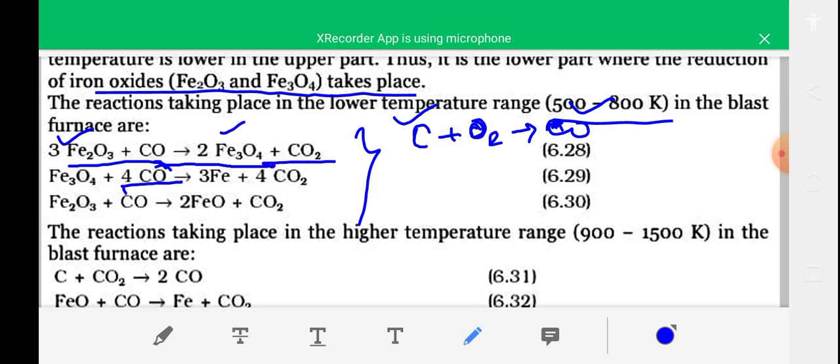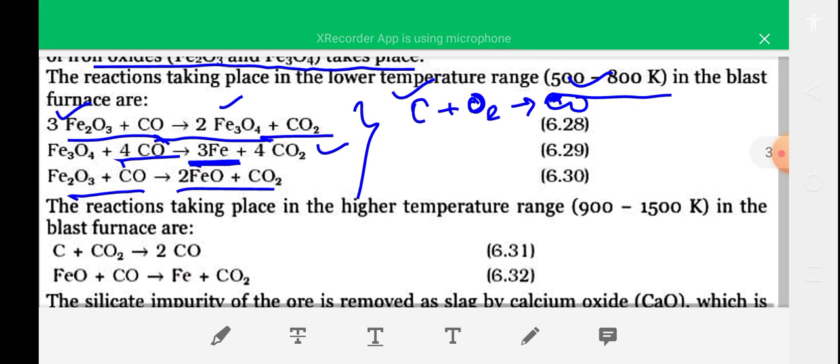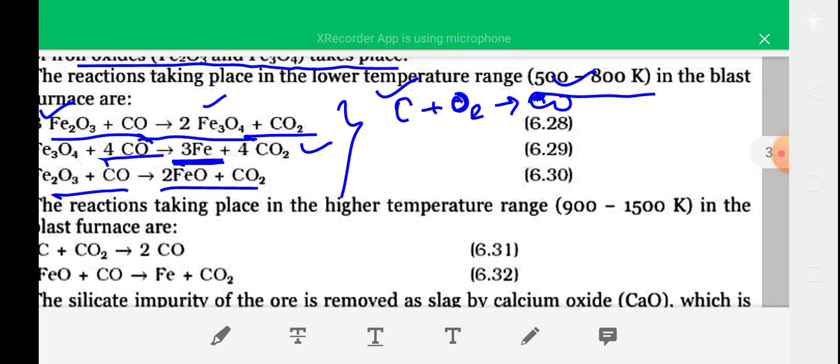Fe3O4 reacts with CO again to give FeO. FeO reacts with CO to give Fe, that is, we get iron from iron oxide, and carbon dioxide. So these are the different reactions taking place in the lower region, 500 to 800 Kelvin, in the blast furnace.